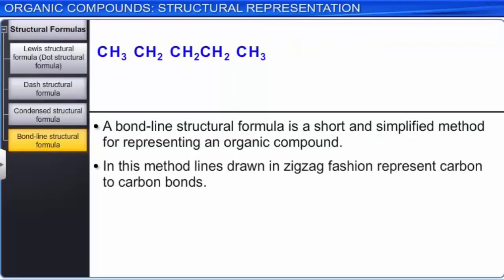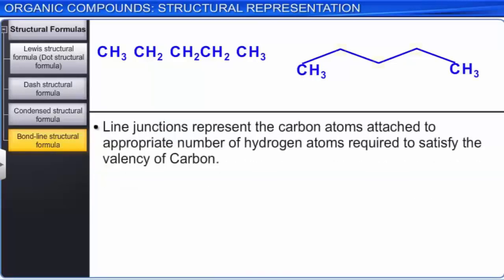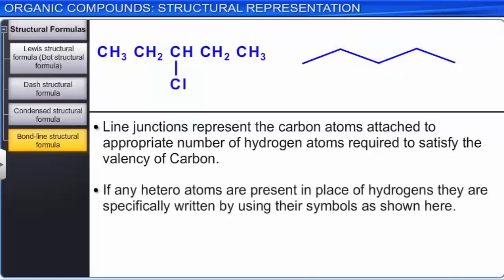In this method, zigzag lines represent carbon-to-carbon bonds, and line terminals generally represent methyl groups if they don't have a functional group, whereas the line junctions represent the carbon atoms attached to the appropriate number of hydrogen atoms required to satisfy the valency of carbon. If any heteroatoms are present in place of hydrogens, they are specifically written by using their symbols as shown here.